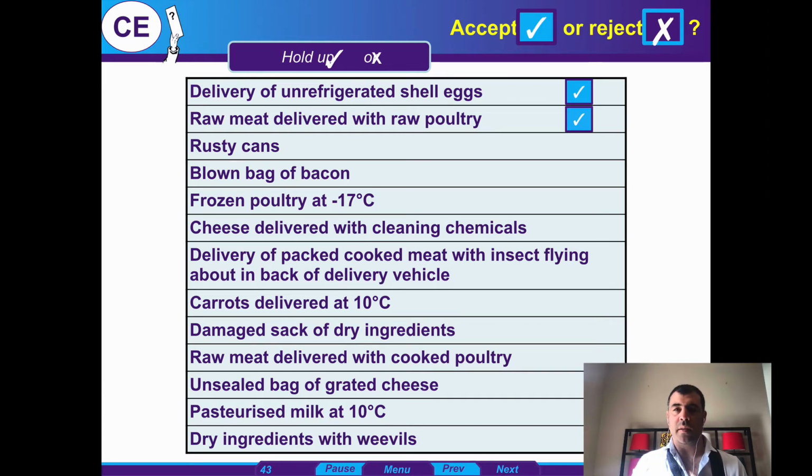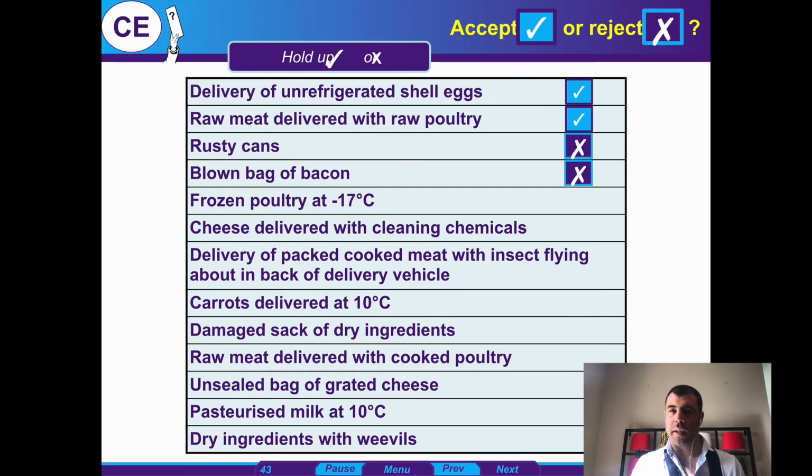Rusty cans, so this is definitely reject. Why? Because the rust also goes inside the can. A blown bag of bacon, I've explained that in the previous modules, so this is definitely reject. Frozen poultry at -17.